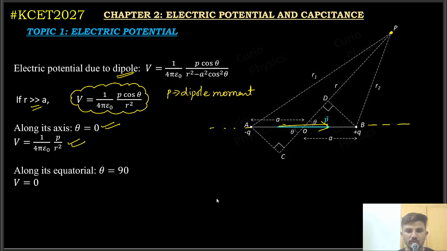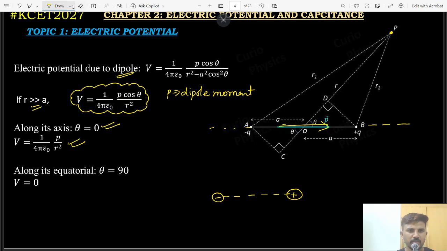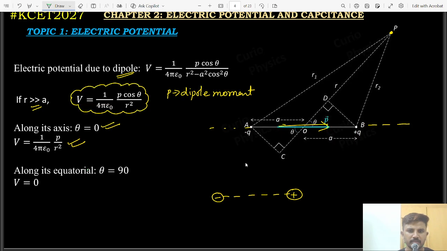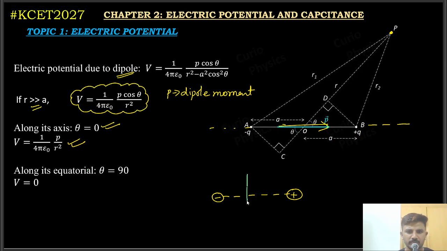But along the equatorial, let's consider this is plus, this is minus. Any point in that plane, let me consider, in this plane at any point, the electric potential will be 0, because theta will be 90 degrees, so cos 90 is 0.